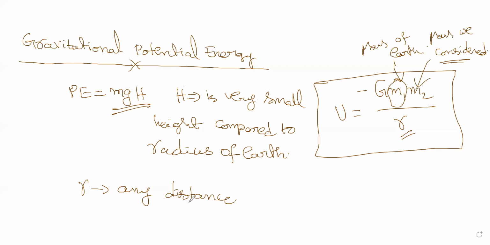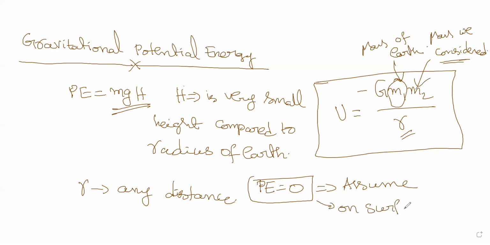And for all practical calculations, we assume that the potential energy is equal to 0 on the surface of the earth. This is how we start assuming.